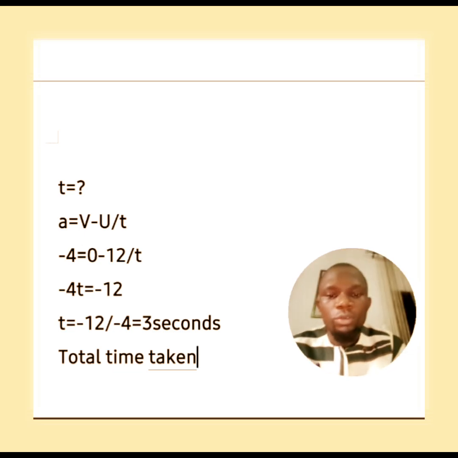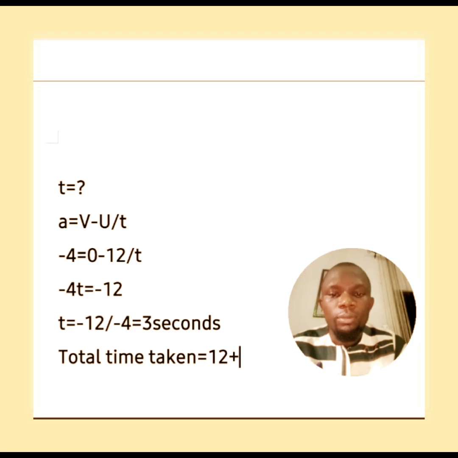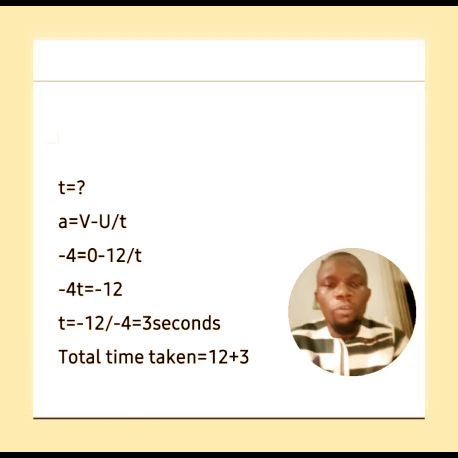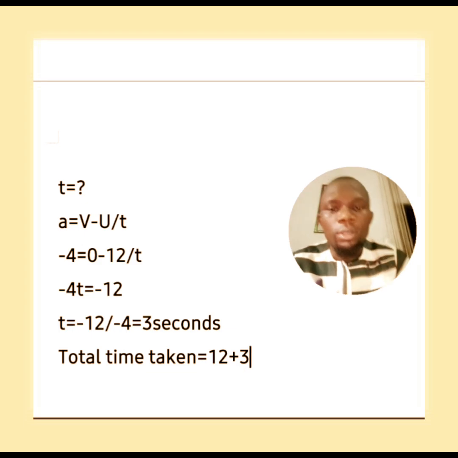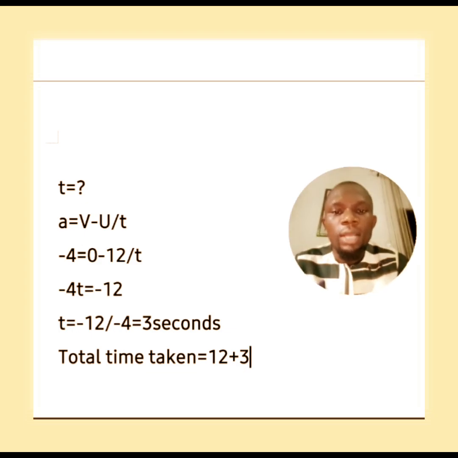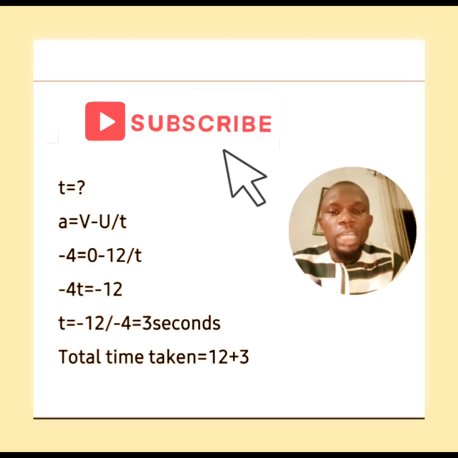is equal to 12 plus 3. Okay, total time taken is what? 12 plus what? 3. Because if you look at the diagram, the last stage of the time that is given is 12, and when the car finally comes to rest, it does so at T, which has been solved.